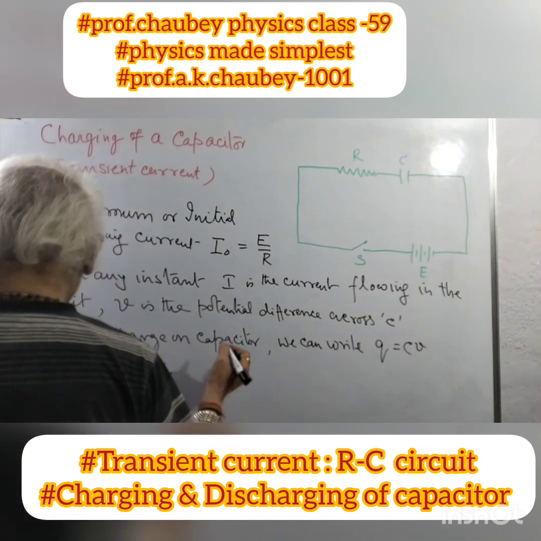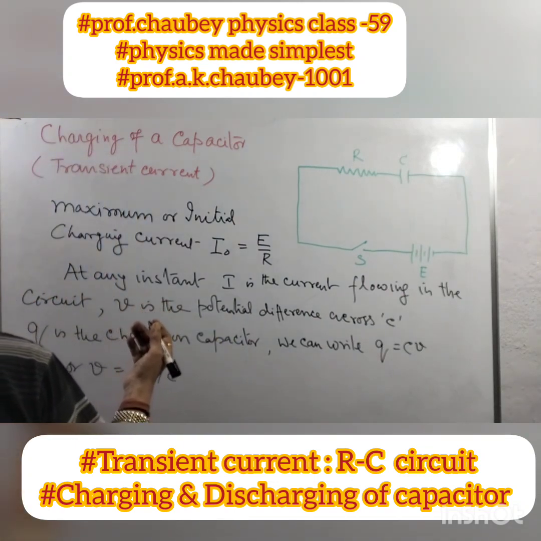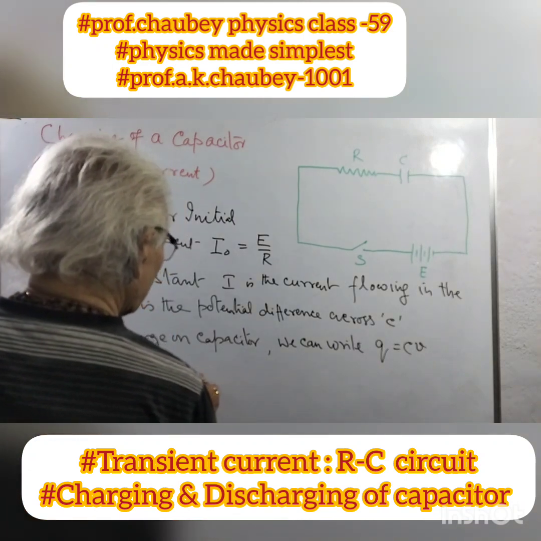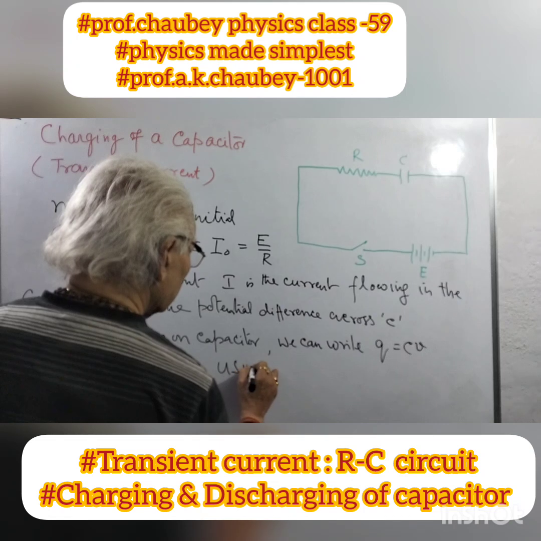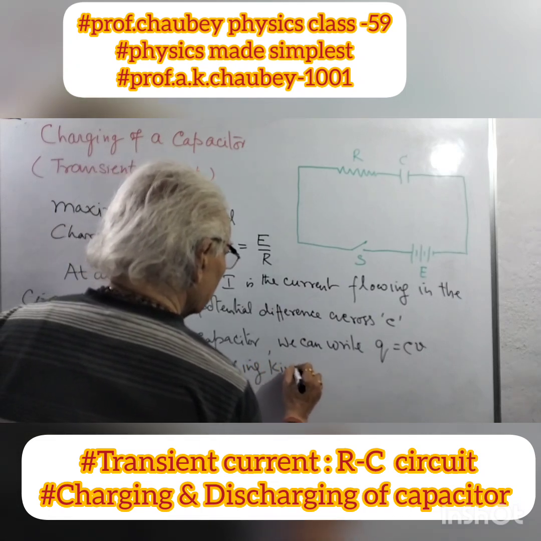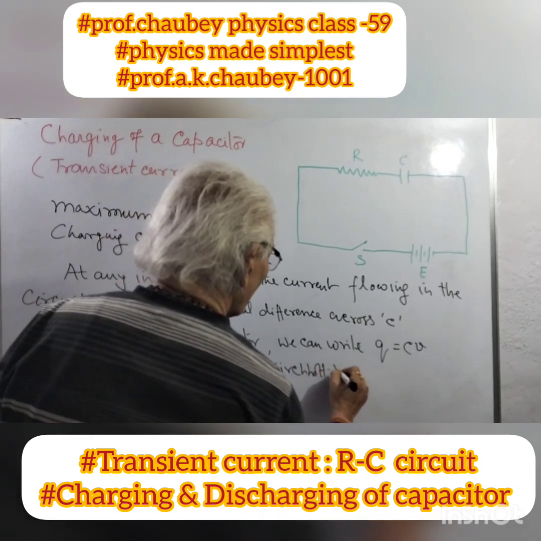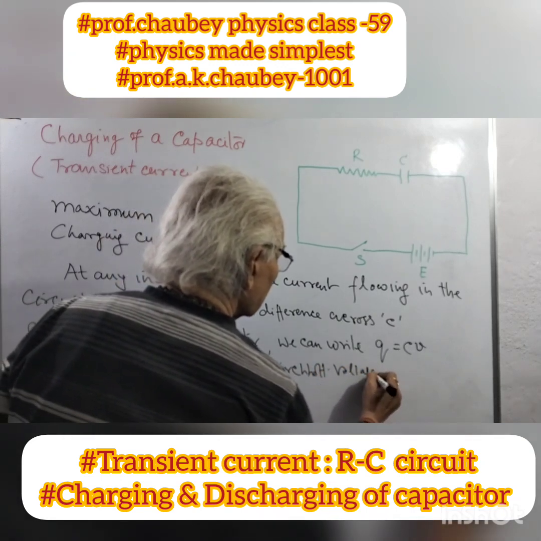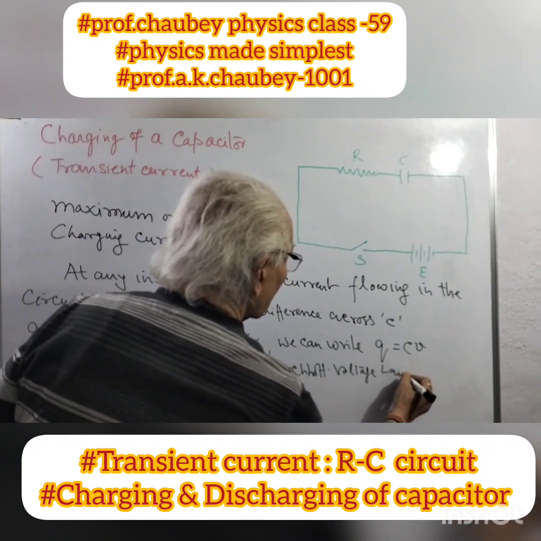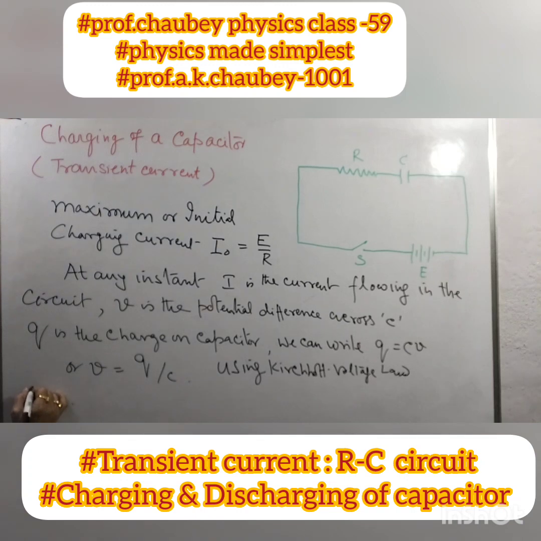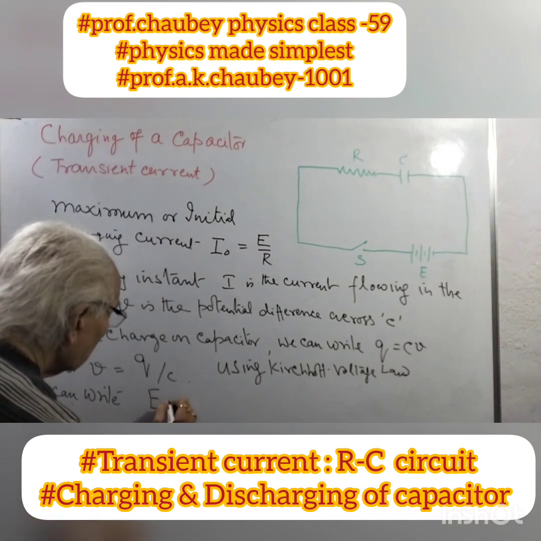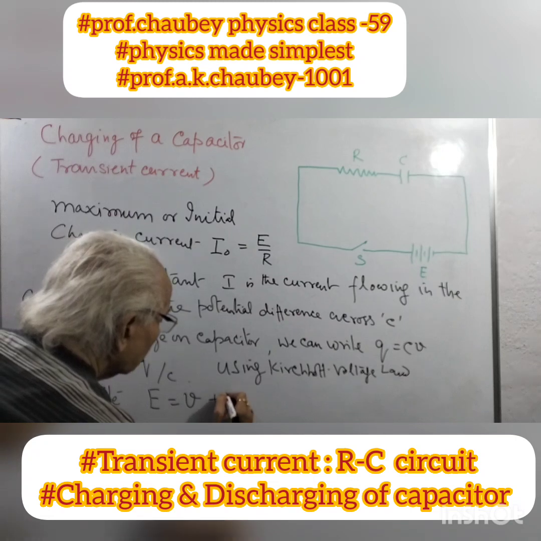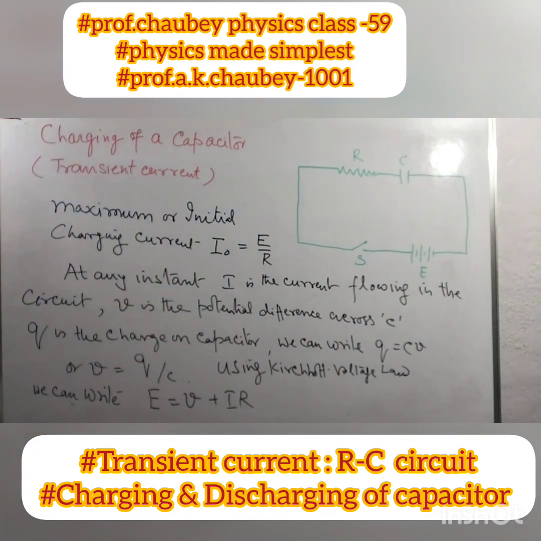Using Kirchhoff's voltage law, we can write that the applied EMF E is equal to the capacitor voltage plus I into R, the IR drop, that is the voltage across the resistance.